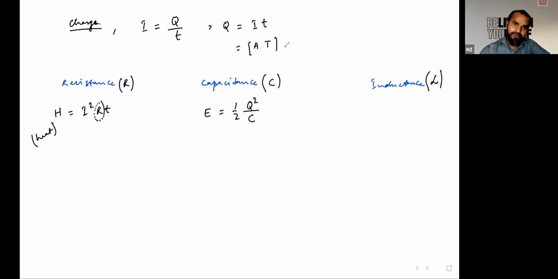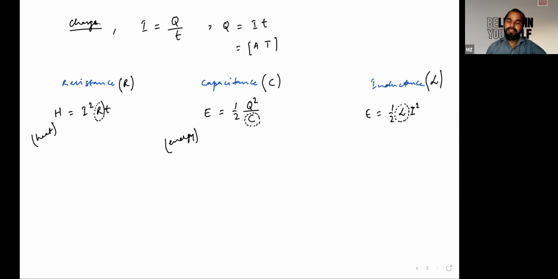Q is charge, for which we have dimension formula AT, and E is energy. Just rearrange to find the dimension formula of C. Similarly, for inductance, E is equal to half times L I squared. E is energy, I is current, and L is inductance.